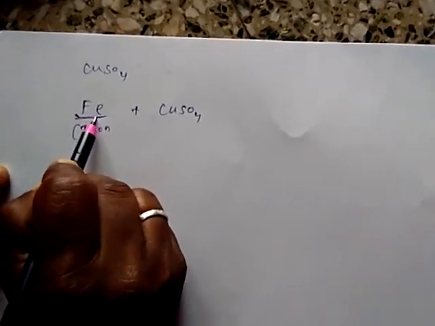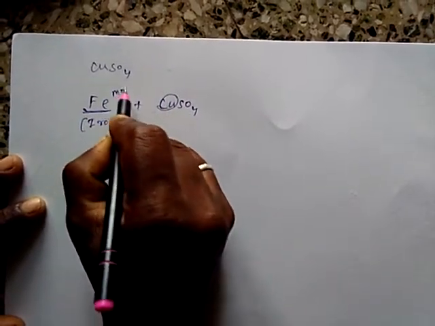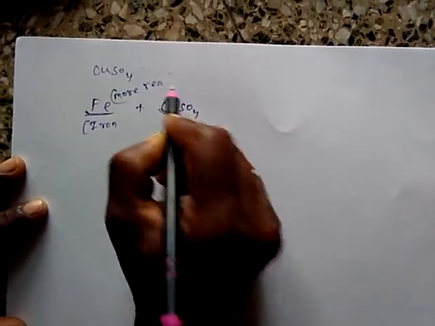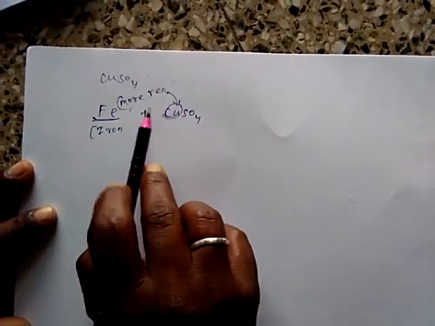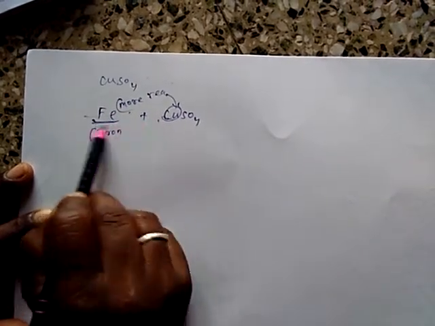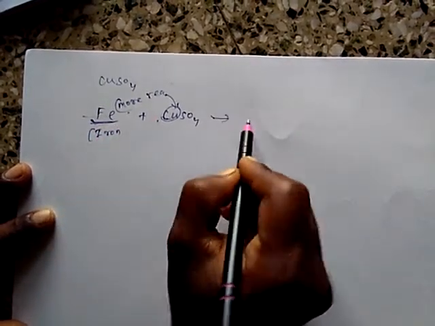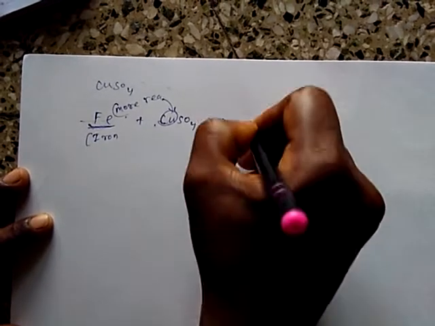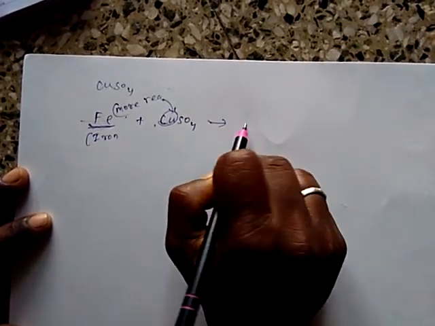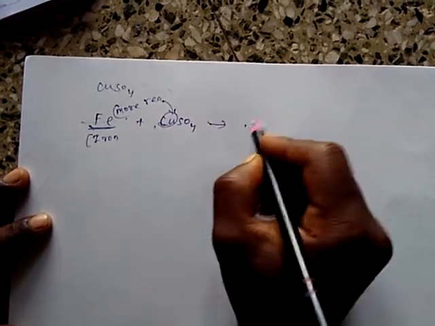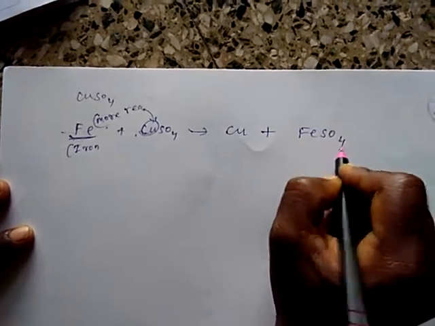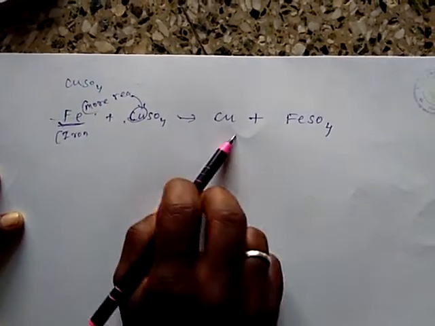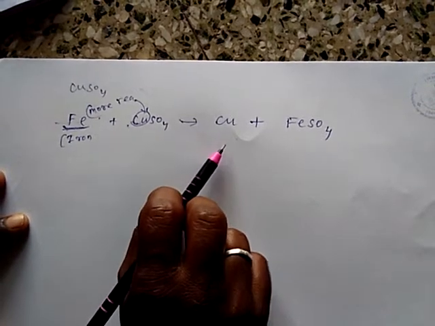We know that iron is more reactive than copper. So iron is going to displace copper from copper sulfate. And what are we going to get in the displacement reaction? Copper plus iron sulfate.